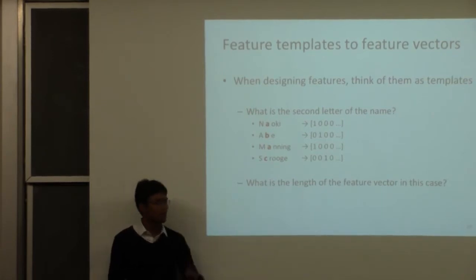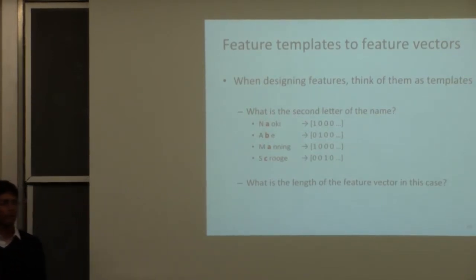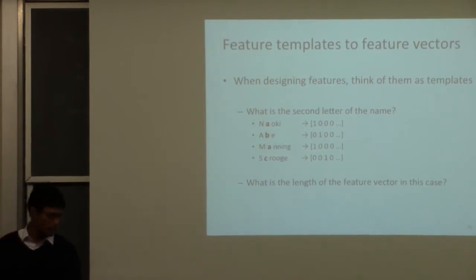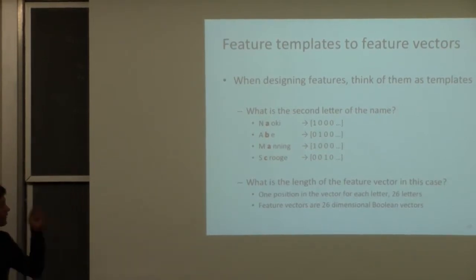What will be the length of this feature vector for any example? 26. Basically, one position in the vector for every letter. And by construction, every vector produced by this function will have exactly one 1 and all zeros, by definition.